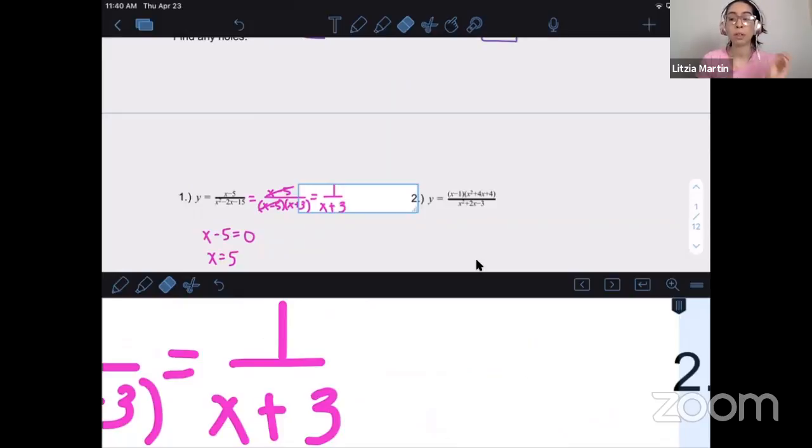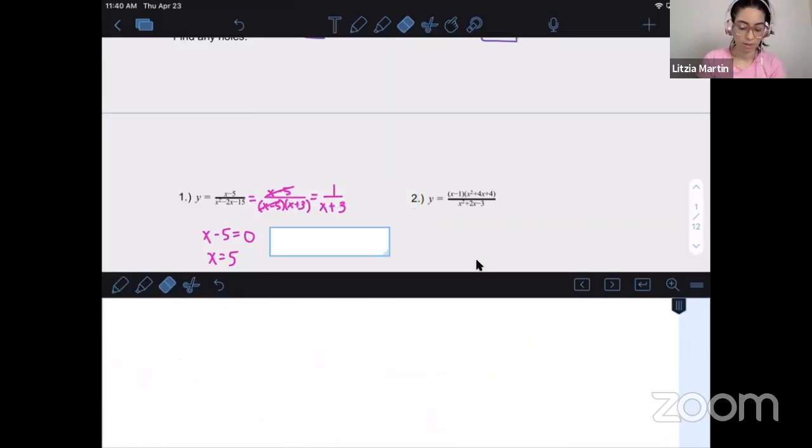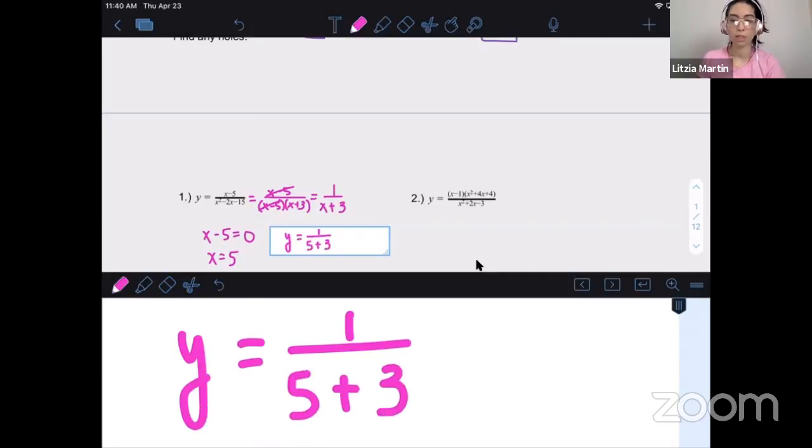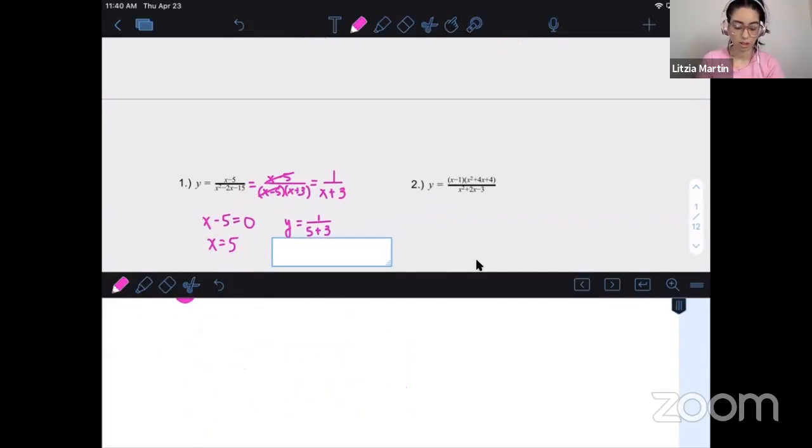So that means I'm going to plug in 5 to all of the x's. In this case, there's only one x. So it's going to be y equals 1 over 5 plus 3. And that will become 1/8.